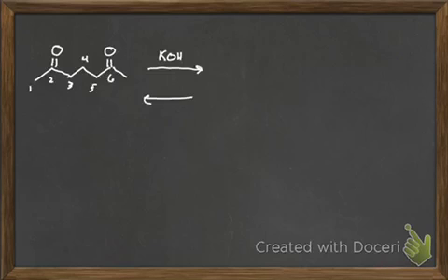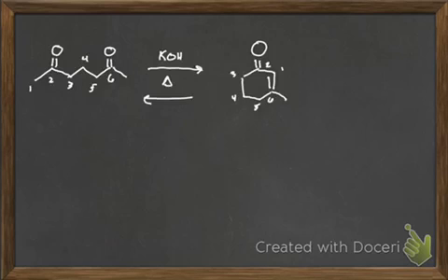They are interchangeable. So now the product we would get would be this 6-membered ring. And if you needed to count the carbons, 1, 2, 3, 4, 5, 6.